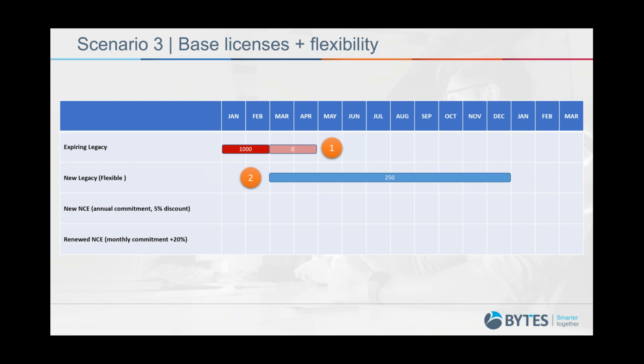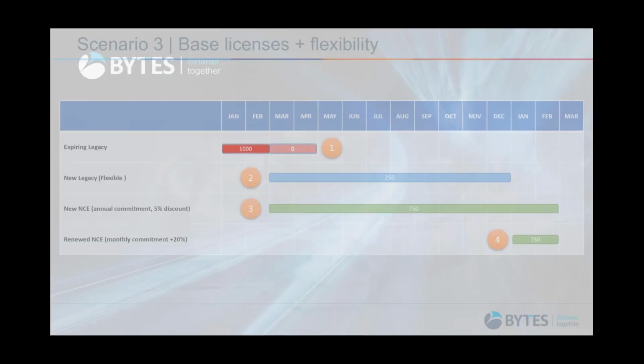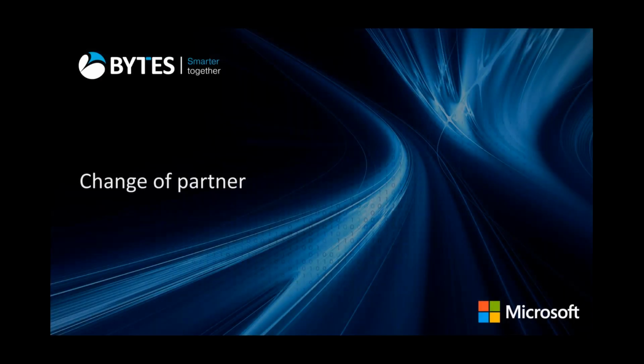So here we're using the new commerce, new monthly flexible SKU, along with the annual SKU, which has the 5% discount applied to it. So again, we can renew all of those in new commerce experience in March next year. So hopefully that gives you some idea of the options that you've got available to your customers and to work through each one of those.